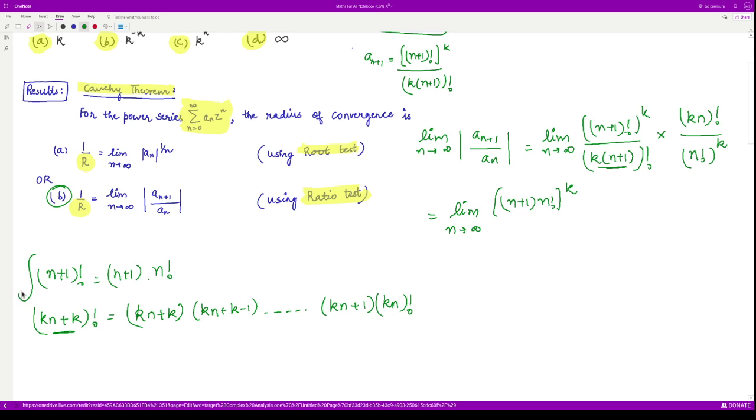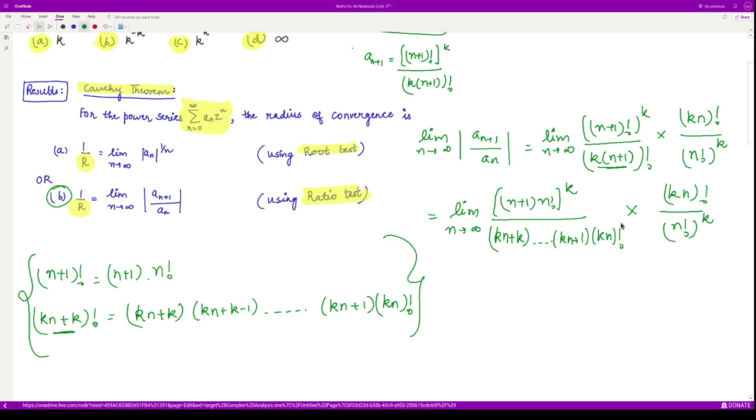So let us use these two results over here to simplify the relation. So we'll be having kn plus k up to kn plus 1 into kn factorial. This is the first term, and the second term over here would come as such. So now can you see this term over here cancels with this term, and this term cancels with this term. So we are only left with limit n goes to infinity n plus 1 raised to power k divided by kn plus k up to kn plus 1. So this is what we are left with.